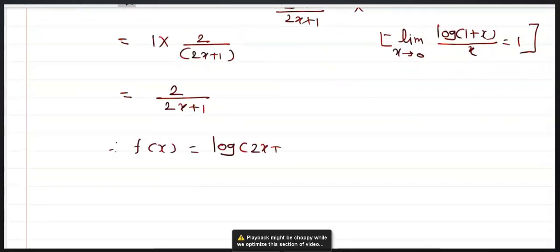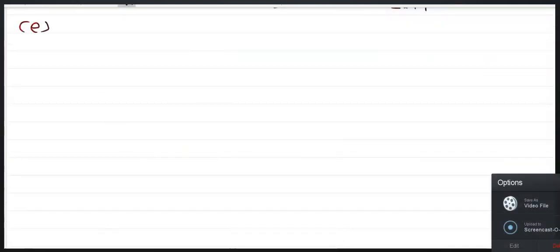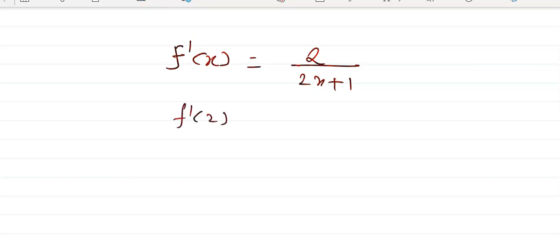Therefore, f dash of x is equal to 2 upon 2x plus 1. Therefore, the value of f dash of 2 is equal to 2 upon 2 into 2 plus 1, and that is equal to 2 upon 5. 2 into 2, 4 plus 1. And this is the answer.